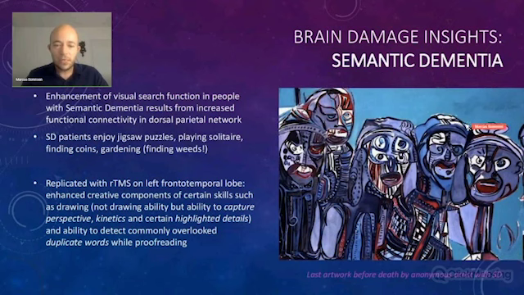And what I'm showing you here on this screen is an artwork from an anonymous artist that was included in a study on patients with semantic dementia. And it was the last artwork that this artist painted before their death. And I found it quite poignant to see this expression of what's obviously going on for them, perhaps in their inner universe, or how they're experiencing the world around them.